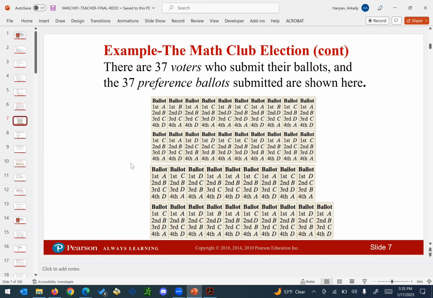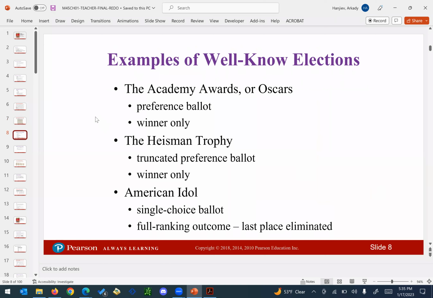Before we get to that piece right here, I just want to say this system of preference balloting is not just in the math class. So I just kind of went on to look at places where this is done. A preference ballot: the Academy Awards, or the Oscars, is a ballot system.